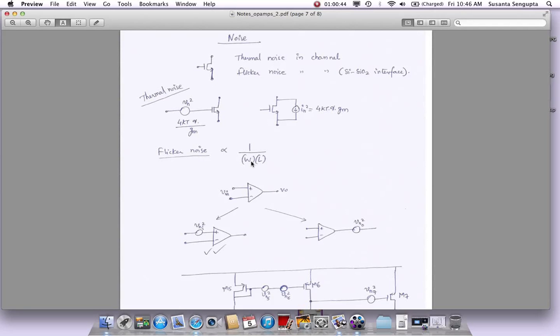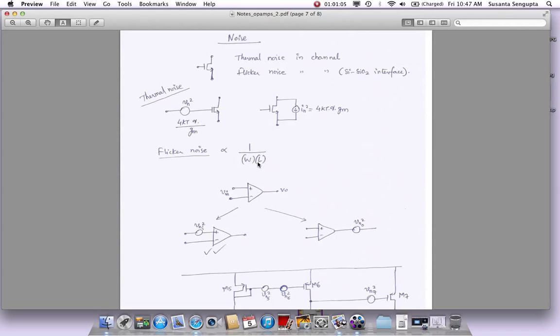If you increase its W or increase its L or both, it will only lower the flicker noise, and that is pretty much the only thing you can do in a design. Once you find out that you're simulating and your flicker noise is too high, what can you do? Well, you just have to increase the W and L of the gate to actually lower it.